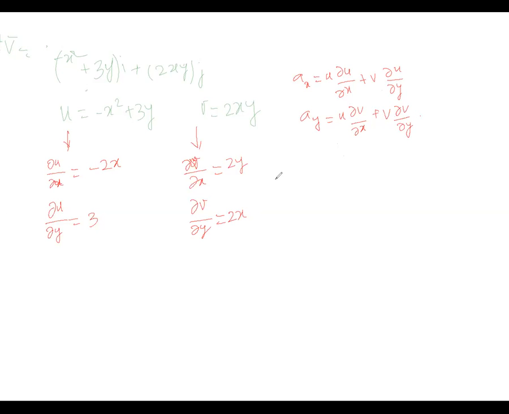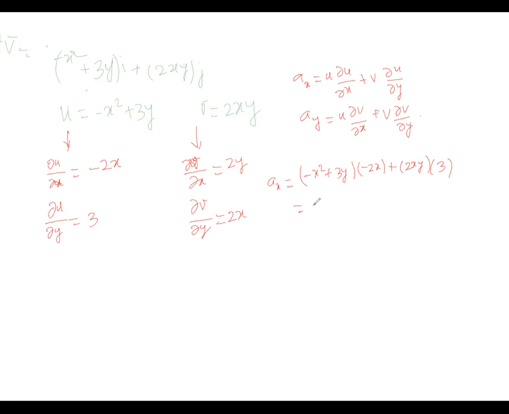So ax equals u, which is (−x² + 3y), into ∂u/∂x, which is −2x, plus v, which is 2xy, into ∂u/∂y, which is 3.